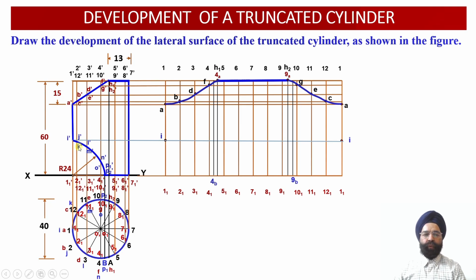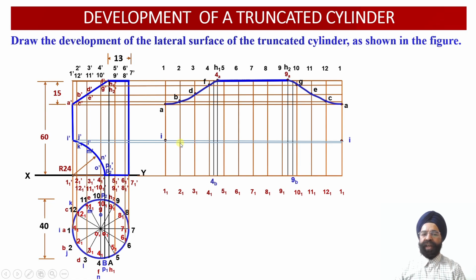So now once we draw a horizontal projector line from this point of intersection of J dash and K dash, let us evaluate the intersection of this horizontal projector line with vertical generator 2 2 1, it will be this point, and with 12 12 1 vertical generator over here, it will be this point.